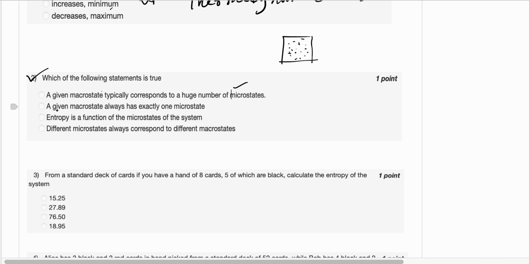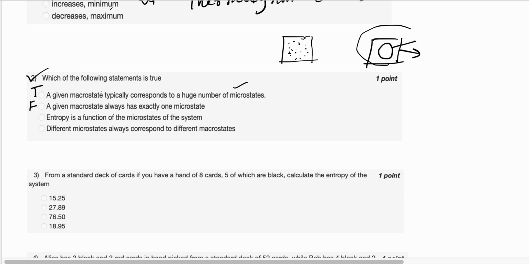So that statement is false. The vice versa is true: if a macrostate contains only one microstate, it is still legitimate to call it a macrostate, but it is not always so, as in the case of the gas.